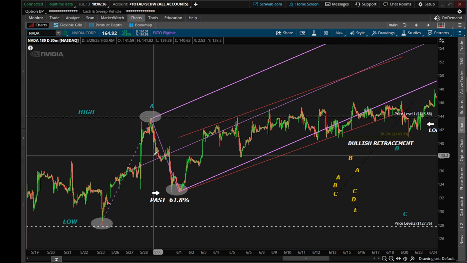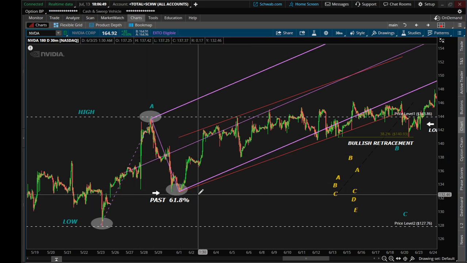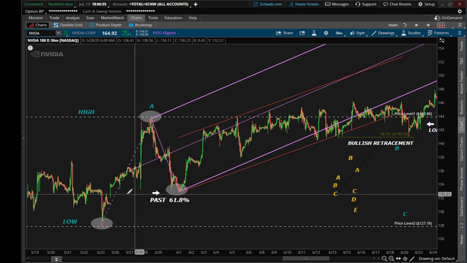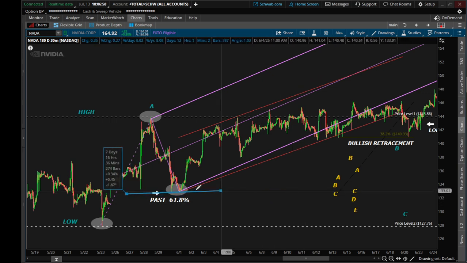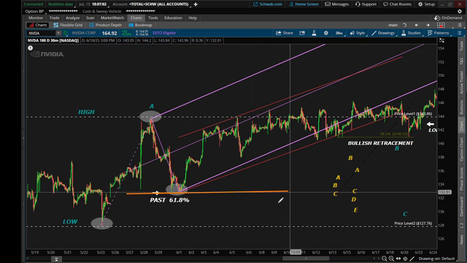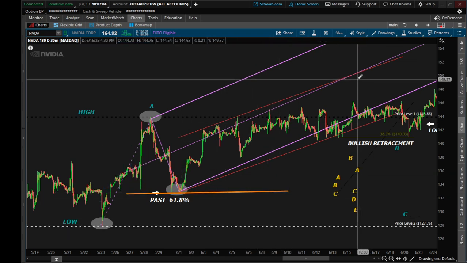Well, this could be one lower degree. So as long as we stay above this retracement here, we're considered that we're still moving into another degree.